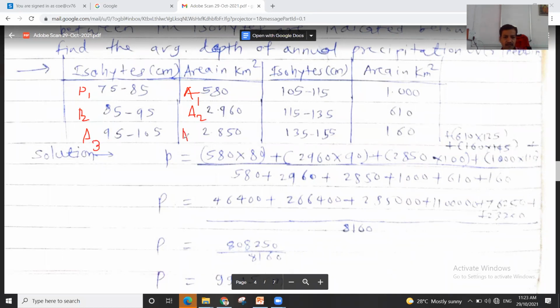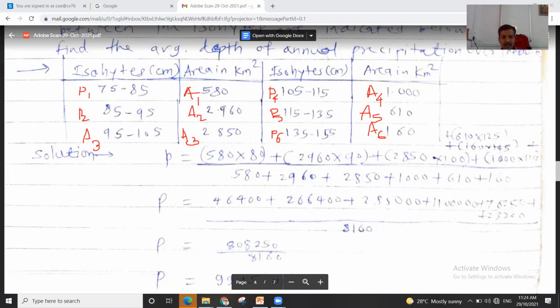This is A3. This is P4. This is P5. This is P6. Corresponding with that, this is A4. This is A5. This is A6.